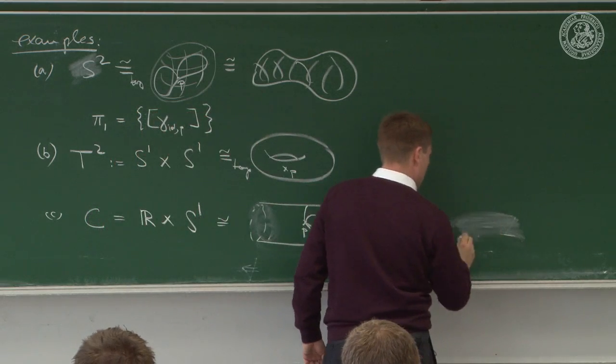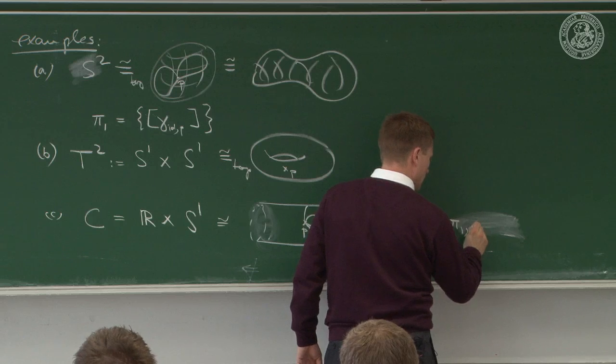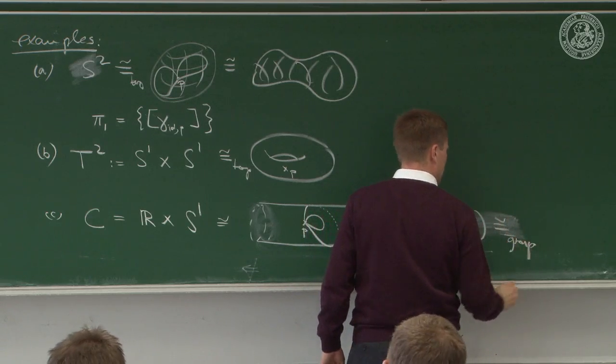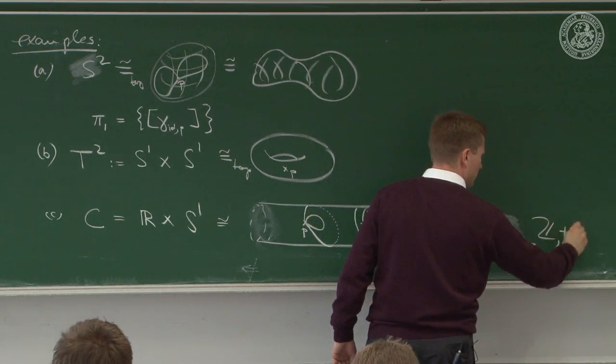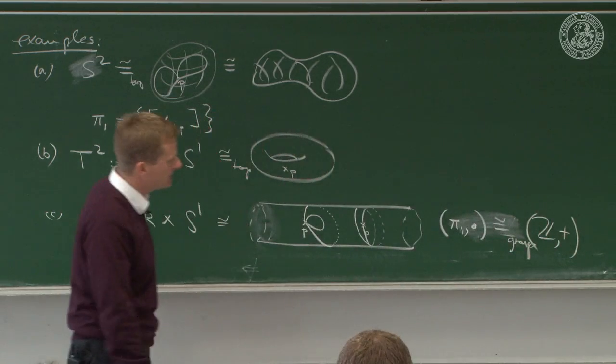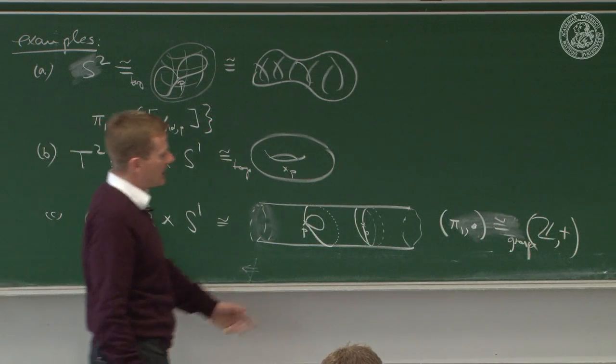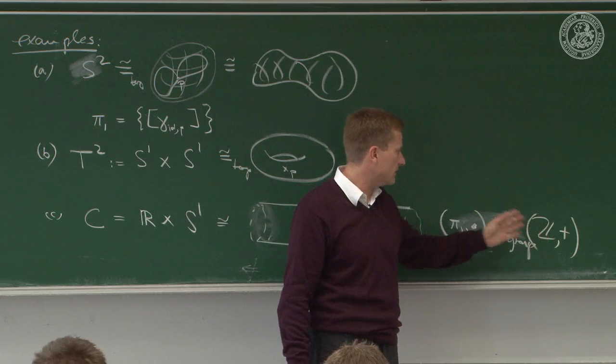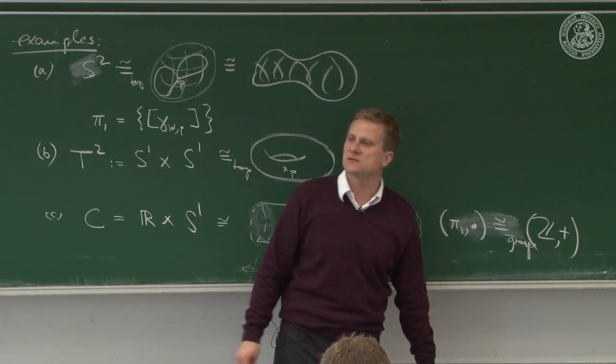So as groups, the fundamental group of the cylinder is isomorphic to the integers with the addition. And what does isomorphism as a group mean? Well, it's of course bijective, right? But then it also respects the group property.